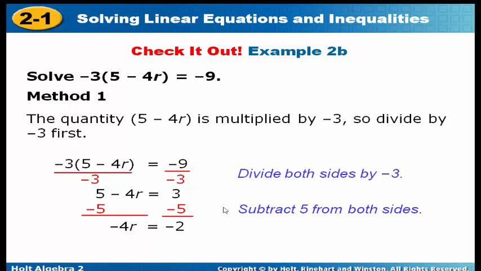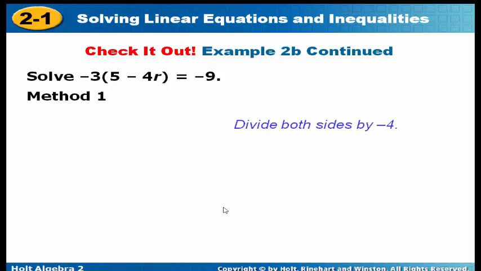Negative 4r equals 3 minus 5, which equals negative 2. Divide by negative 4. So r equals one half.